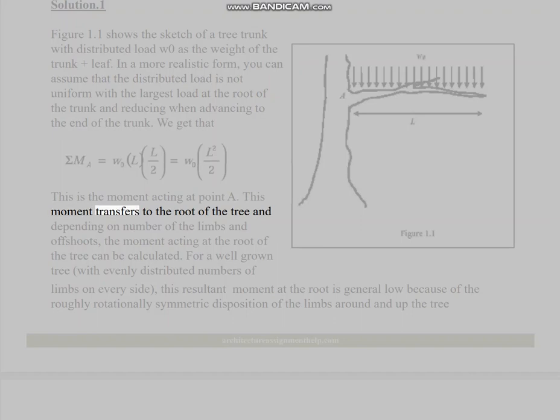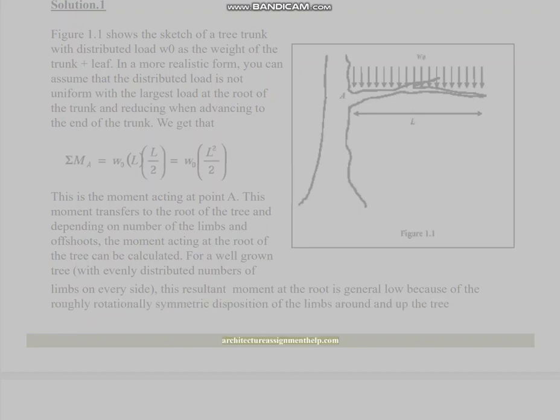This moment transfers to the root of the tree, and depending on the number of the limbs and offshoots, the moment acting at the root of the tree can be calculated. For a well-grown tree, with evenly distributed numbers of limbs on every side, this resultant moment at the root is generally low because of the roughly rotationally symmetric disposition of the limbs around and up the tree.